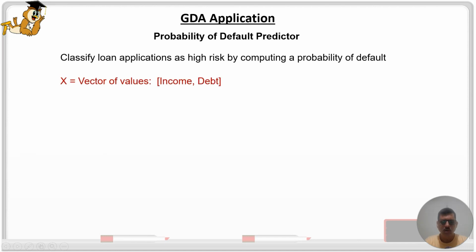So I'm going to take a vector x, which is my vector of inputs, as comprising the income and debt of that particular person. My default predictor is going to rely on 2 inputs: the person's income and the person's debt that he has at any point in time.